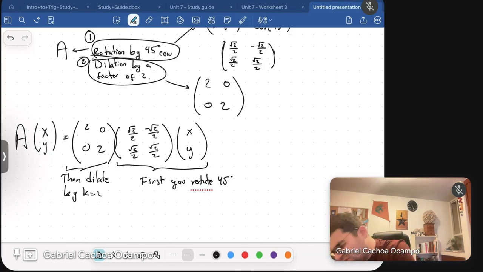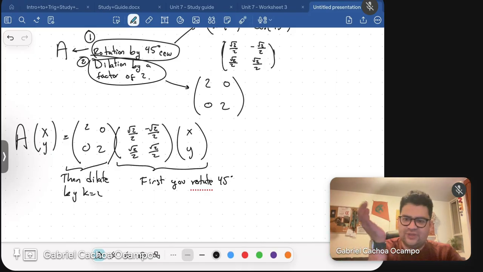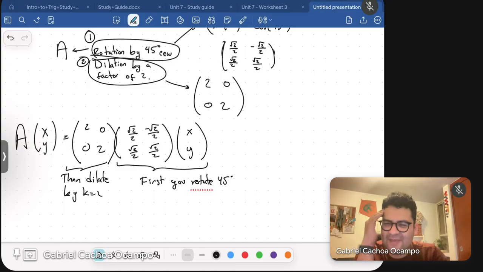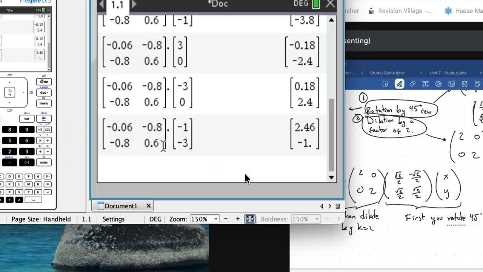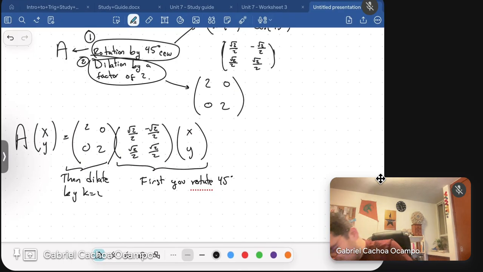If you do this matrix multiplication, I think you can imagine what the result is going to be. Think, what is the result going to be? No, I'm just going to tell you what the result is going to be. The result is going to be square root of 2, negative square root of 2, square root of 2, square root of 2.